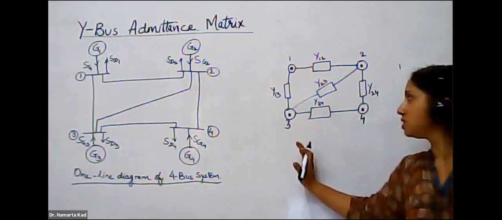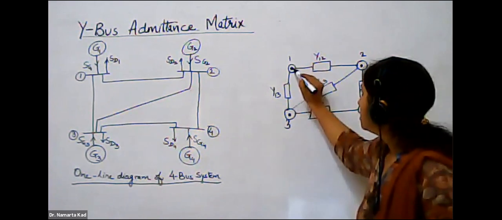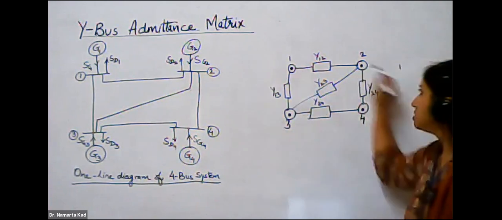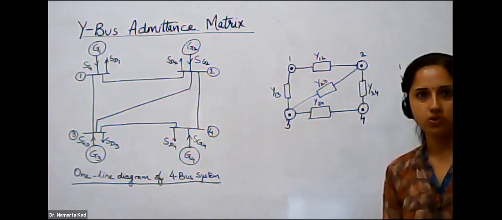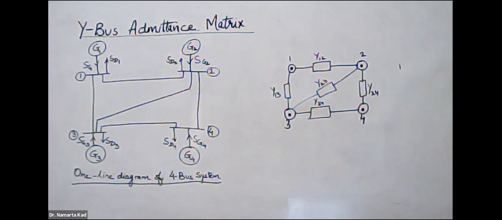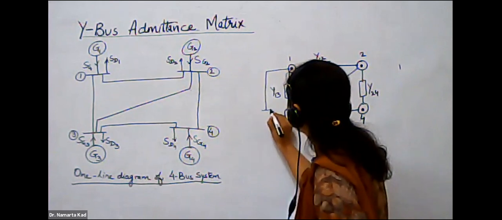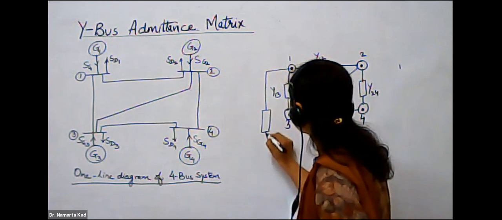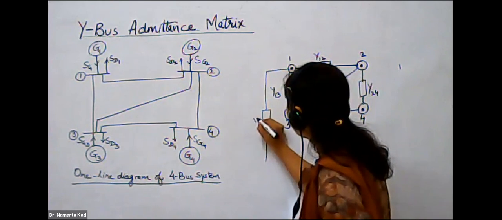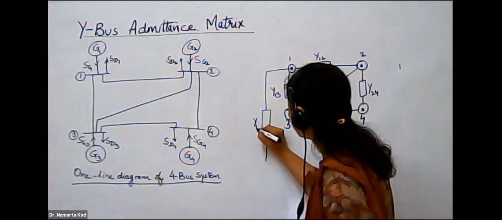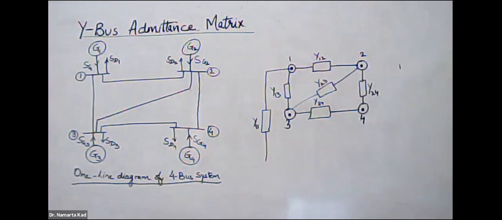But apart from these admittances, there are some self admittances of the buses as well. For bus number 1, this is the self admittance of bus number 1 and it is represented as Y11.